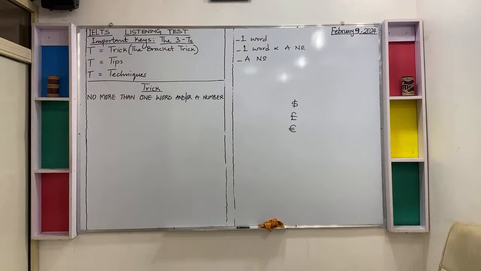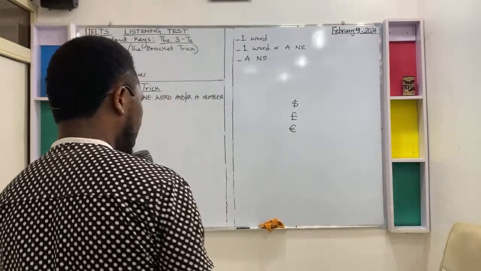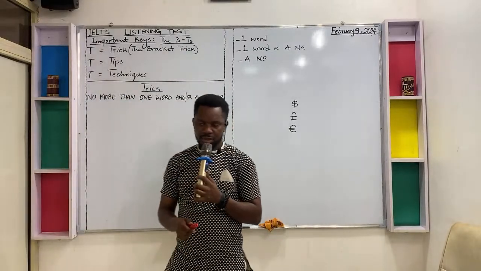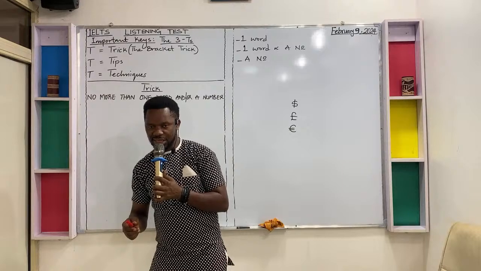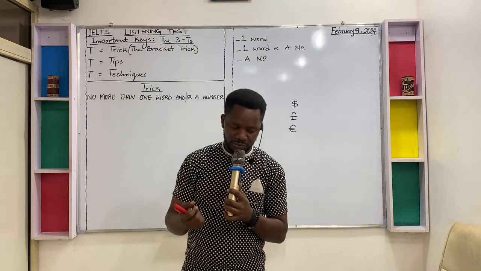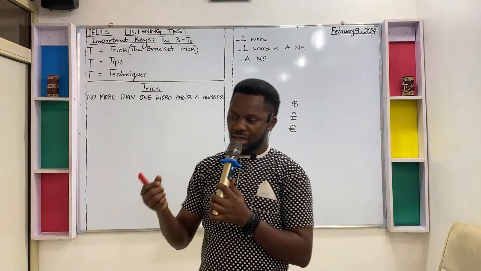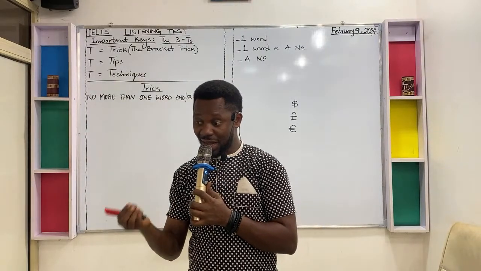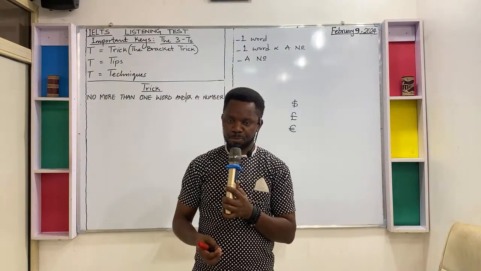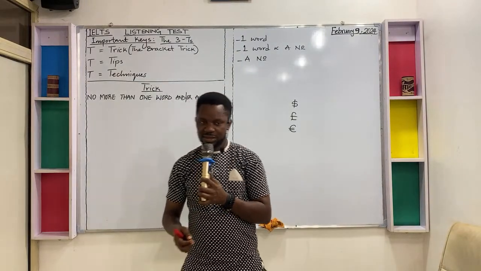It is only when the currency is not written, either in word or in symbol version, that you can then write it as part of your answer. Please, do you understand this?